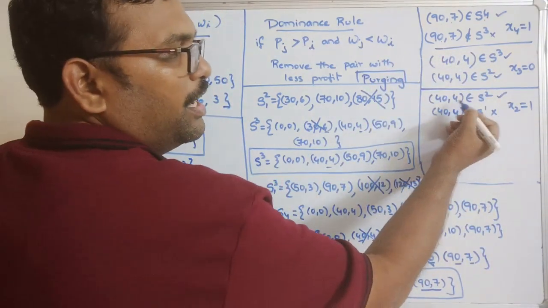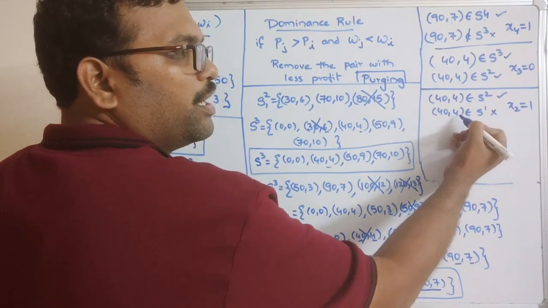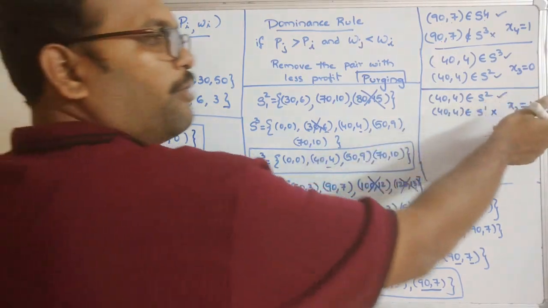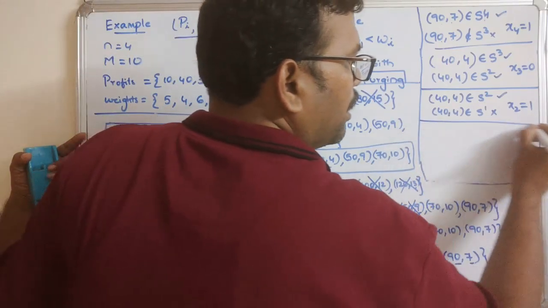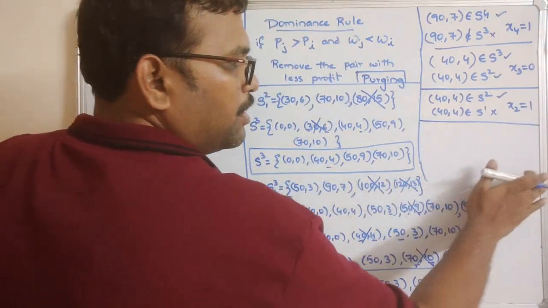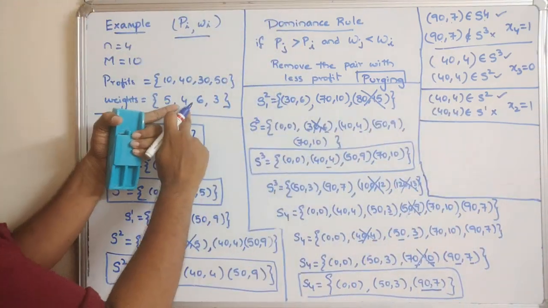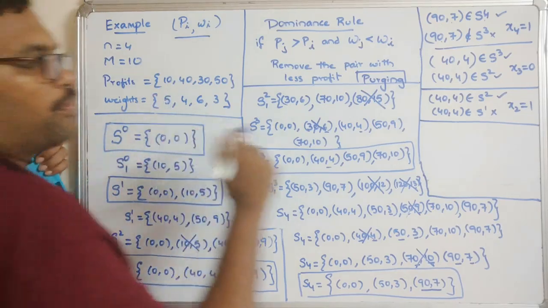So here 40 comma 4 is available in S2 and 40 comma 4 is not available in S1. So that's why we have to move the second weight, because we are checking with the second one, right? Now we need to remove the second element from this pair. So what is the second element? 40 comma 4.